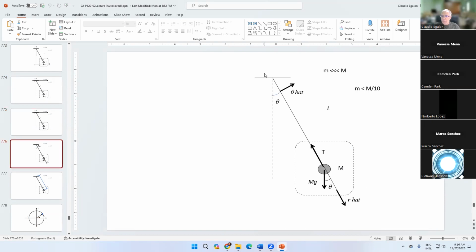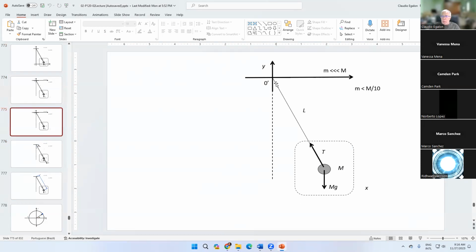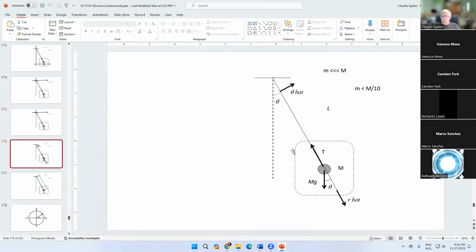Now that we changed the origin of the coordinates, we are not going to use the Cartesian axes, but the polar coordinate system. For the polar coordinate system, we are going to have two different coordinates: r, the radial component, and theta. Instead of xy, it's going to be r theta.